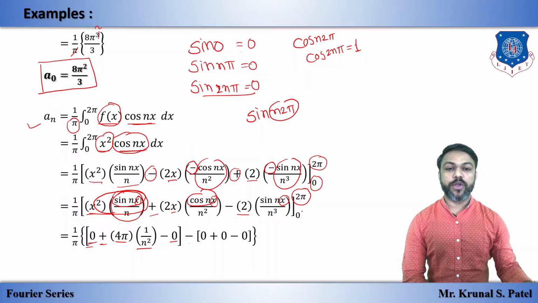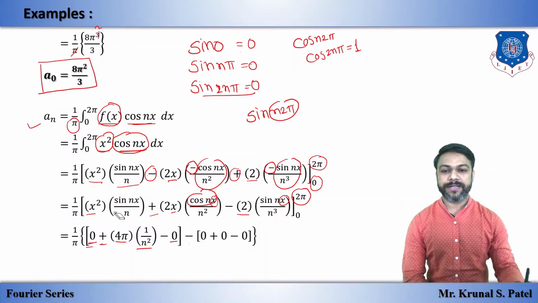Now we will put the lower limit, so minus, and again start a bracket, and if we put 0 here, 0 into n will be 0, and sine 0 is 0, so 0 into anything is 0, so this term is 0, plus as it is.